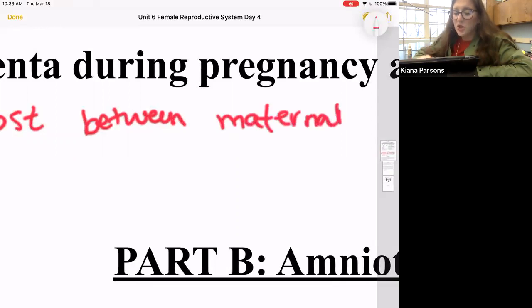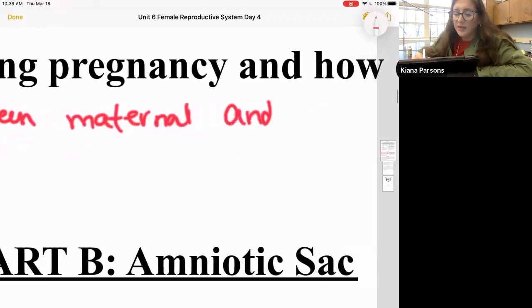Acts as a trading post between maternal and fetal blood.